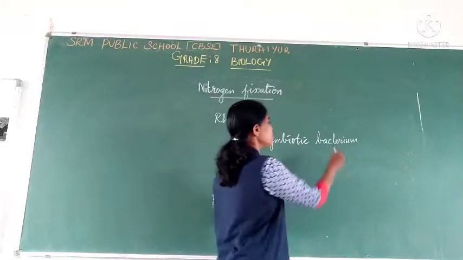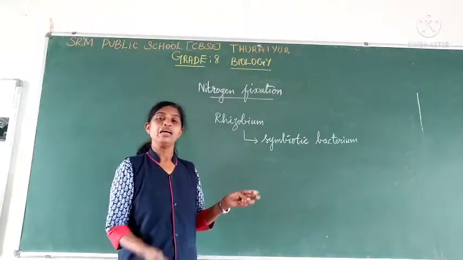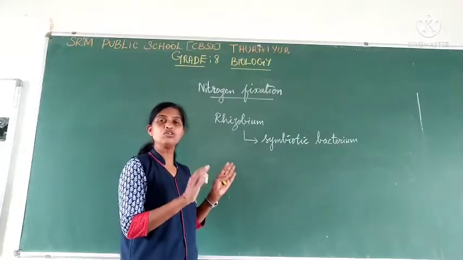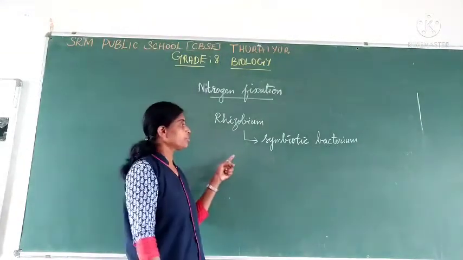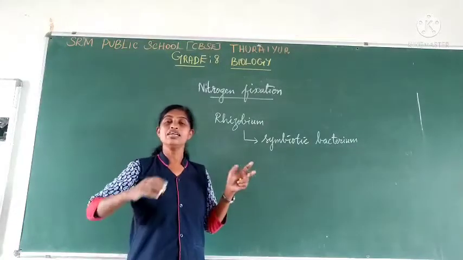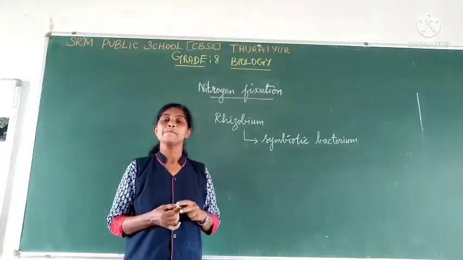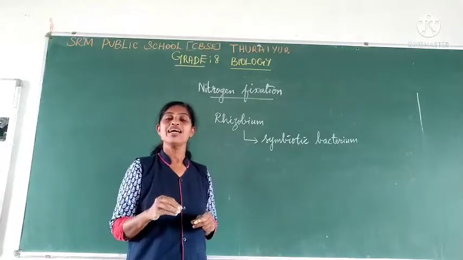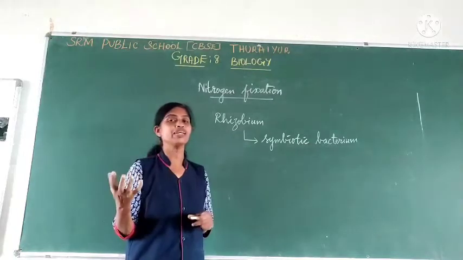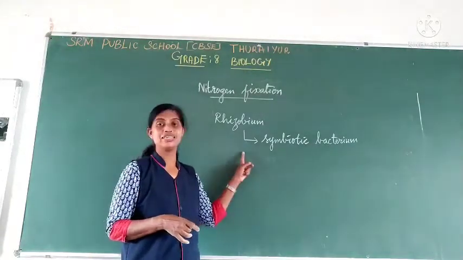It is a symbiotic bacterium because it lives in the roots of leguminous plants like pulses, right? These bacteria live in the root nodules of those plants, and they convert atmospheric nitrogen into nitrates, and those nitrates are used by these plants.